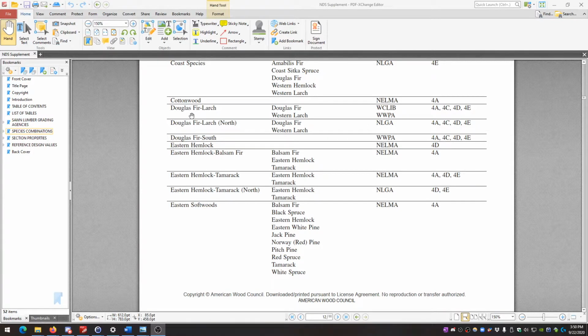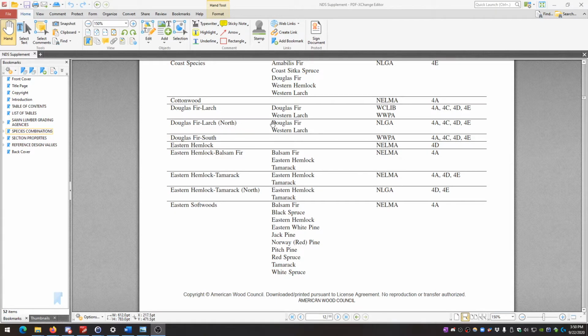So the DFL regular is managed by the WCLIB and the WWPA, while the Douglas fir larch north is run by the NLGA. So you do have to be very careful with this in terms of what specific lumber product or lumber combination group you're using.